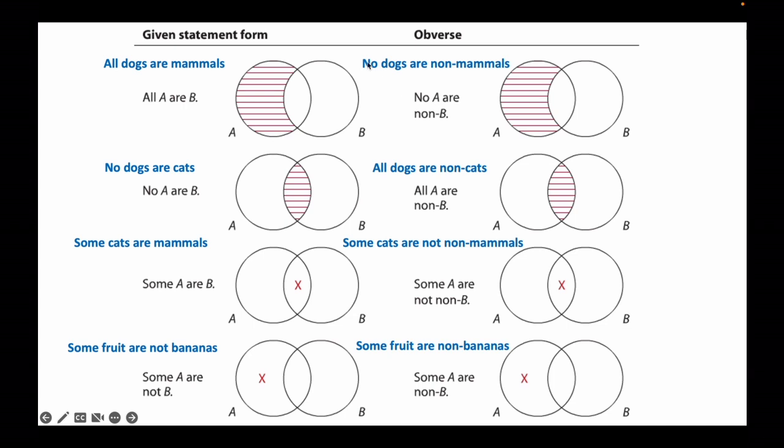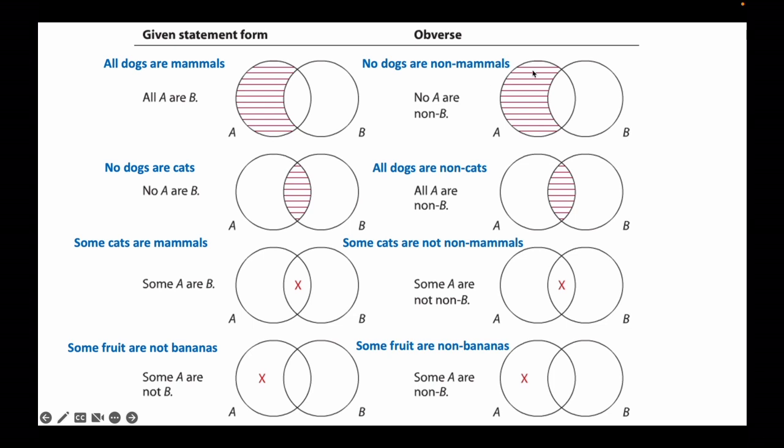You can see it because I have a double negative here. What happens when you do a double negative? You affirm it. So if I say that all dogs are mammals, I'm saying essentially that not even one dog is a non-mammal, because they're all mammals.